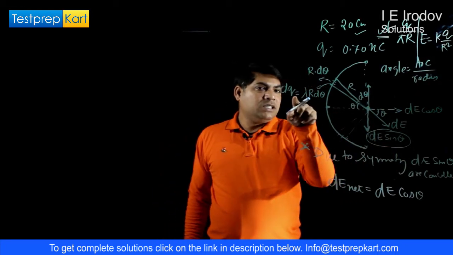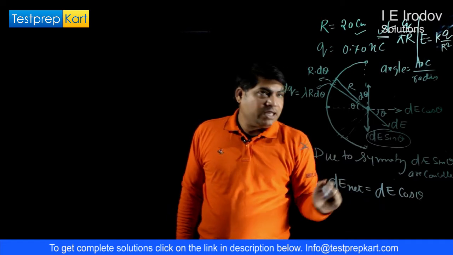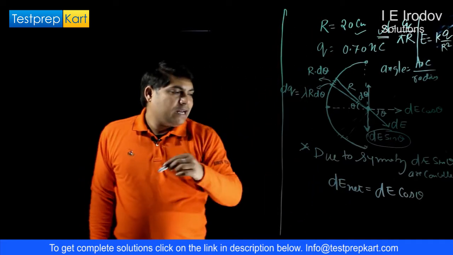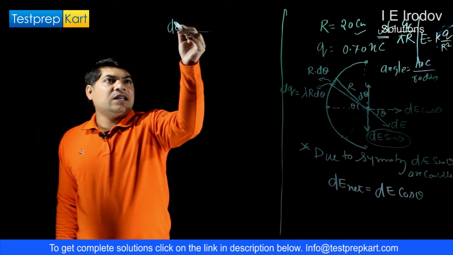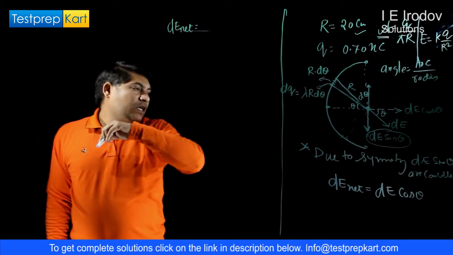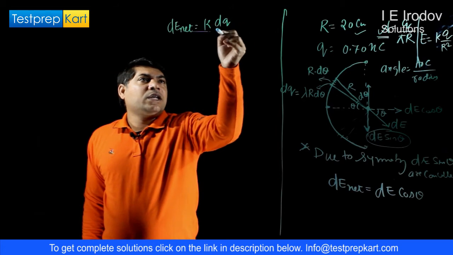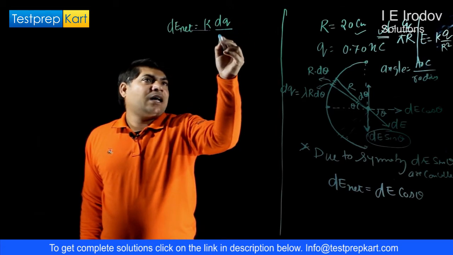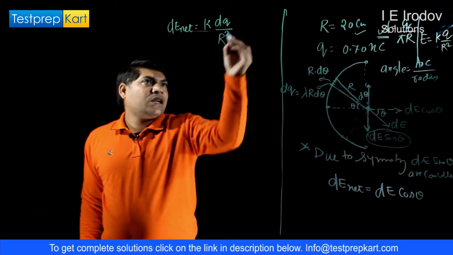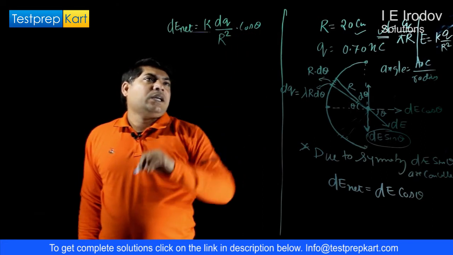In this case it is dQ, that's why we are writing dE. So dE net is equal to K dQ over R square, where distance is R, times cos theta.